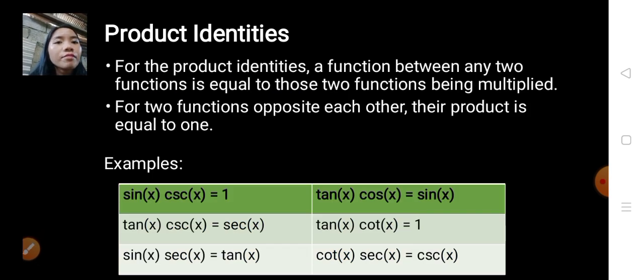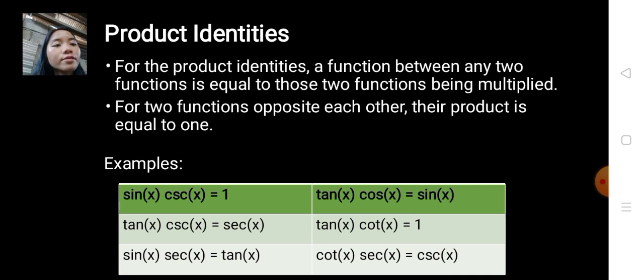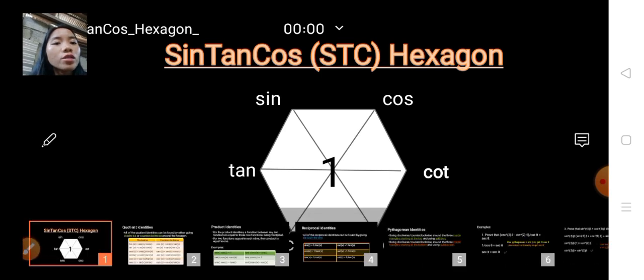Then, the function between two functions is equal to those two functions being multiplied. So, for example, we have tan x multiplied by cosine.